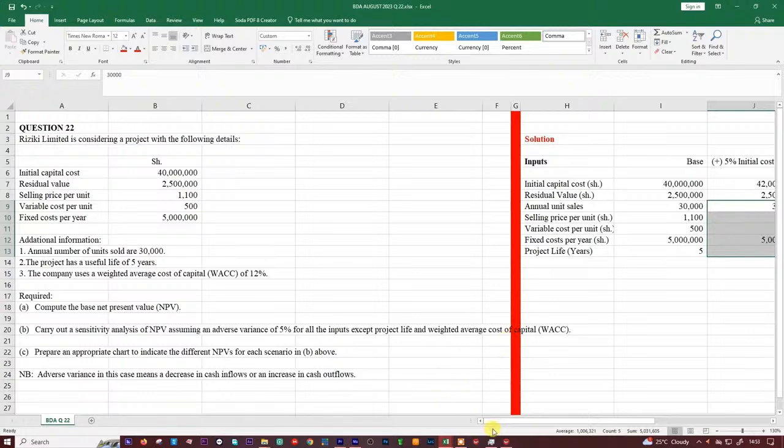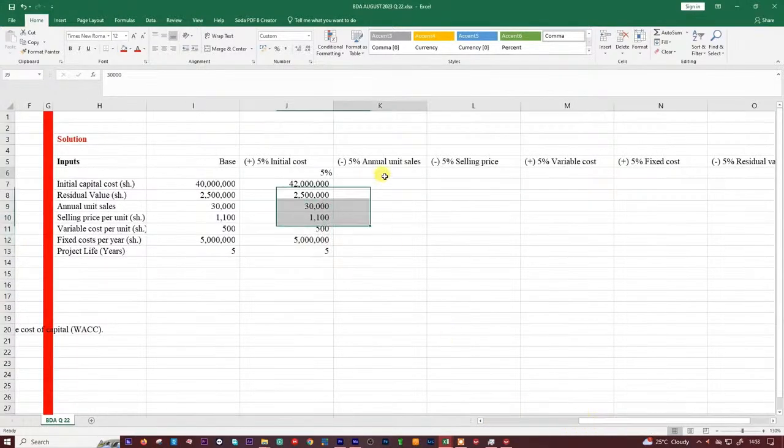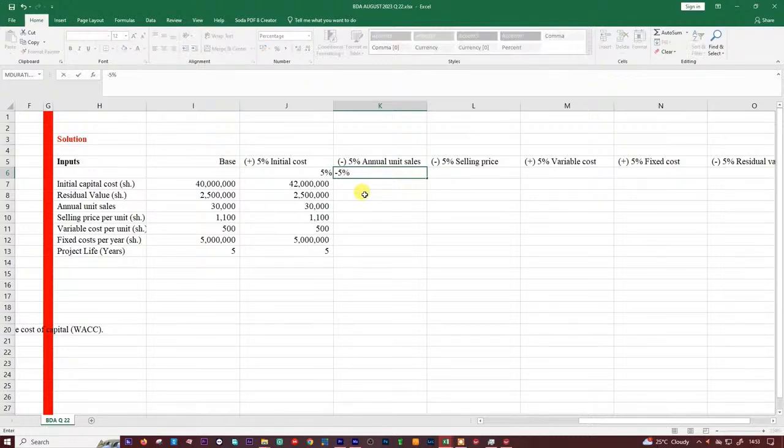So now we want to put adverse effects over here. So we are going to have negative 5%. You can see it's even indicated to us over here. We increased it from this to this based on the 5%, but now it's going to come down.